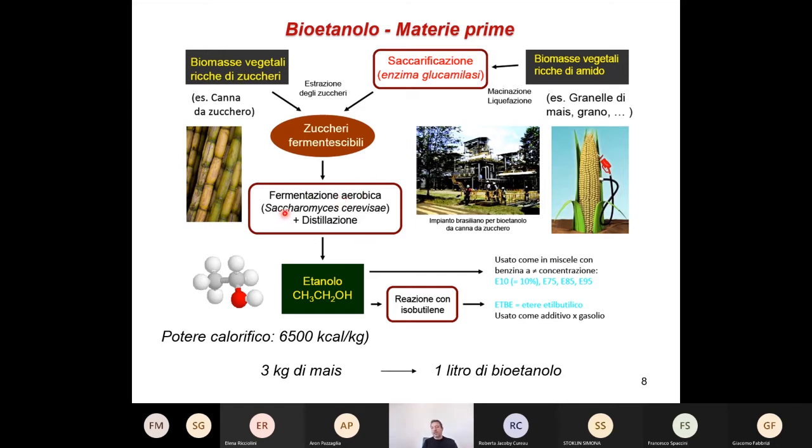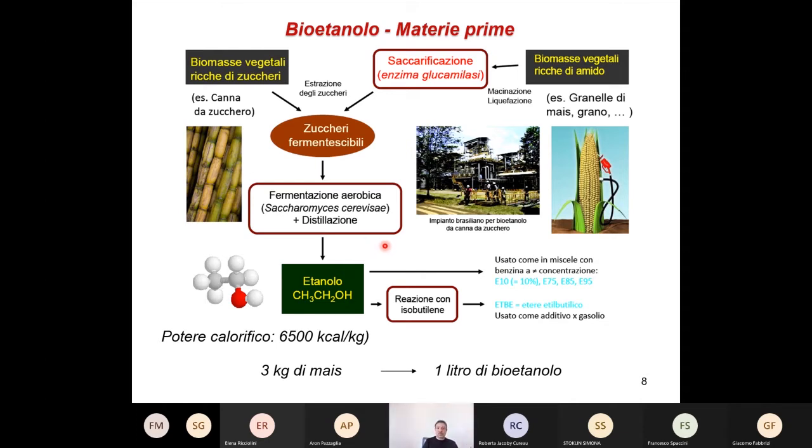Okay, so when you have sugars available, you can move towards the fermentation. This is the precise process, and you use a particular yeast. This is the family Saccharomyces cerevisiae. It's a family of yeasts we use for a lot of processes, not only energy processes, but also for food processes.